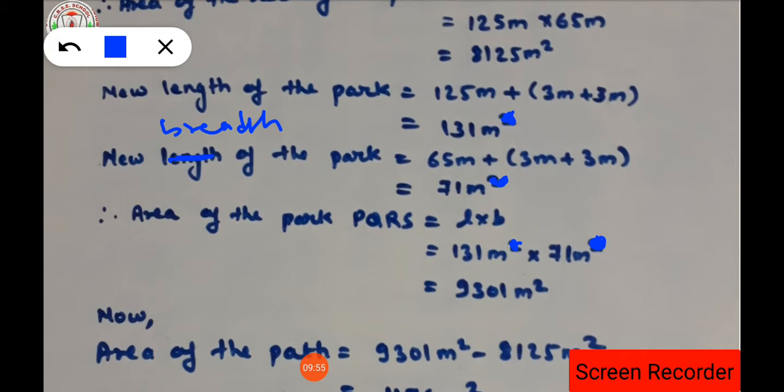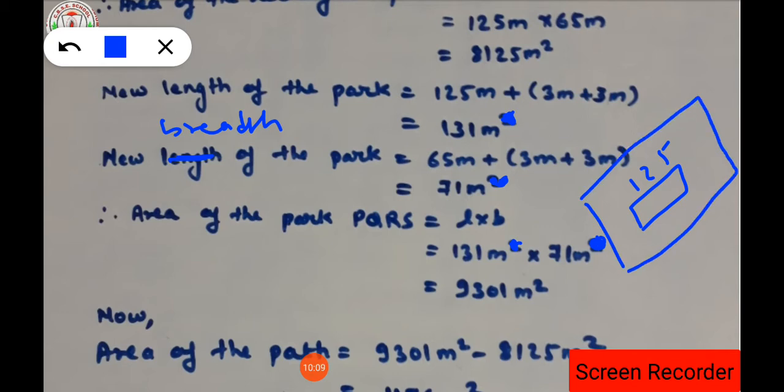Okay, let's see. What is said in the question? This is the park, and its length is 125. Now, a 3 meter wide road is drawn outside the park. That means from here to here it is 3, from here to here it is 3, and here also 3. This is the length of the park, which is 125. But here it is 3, and here also 3.